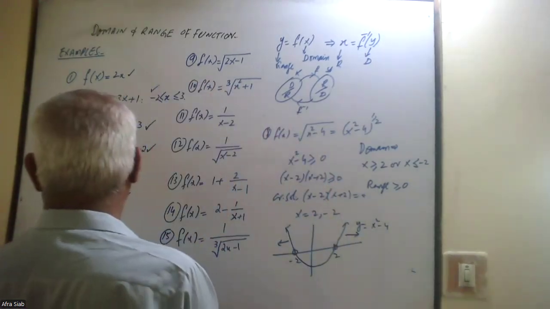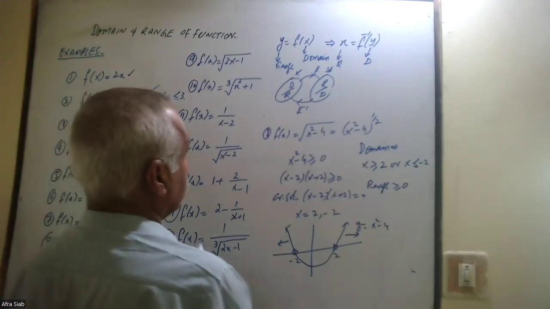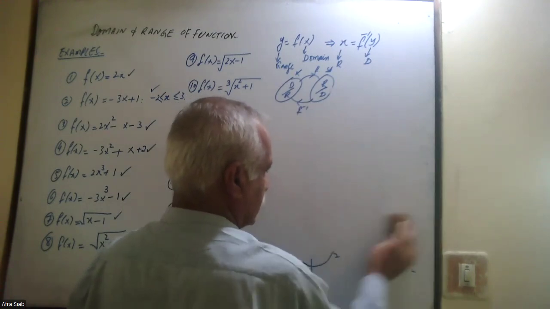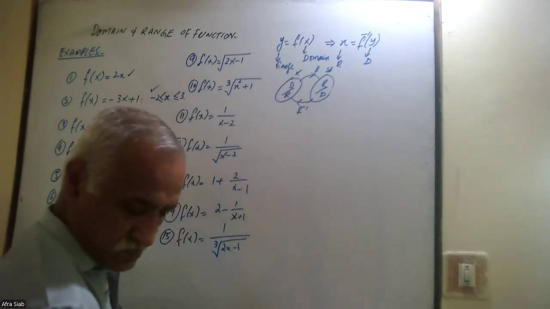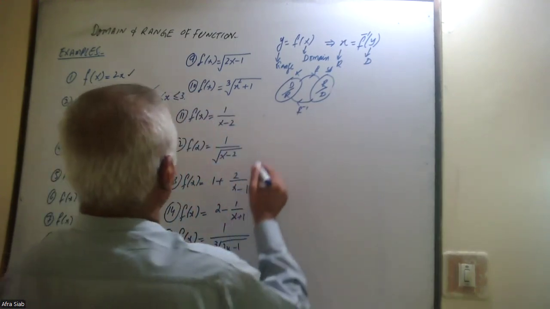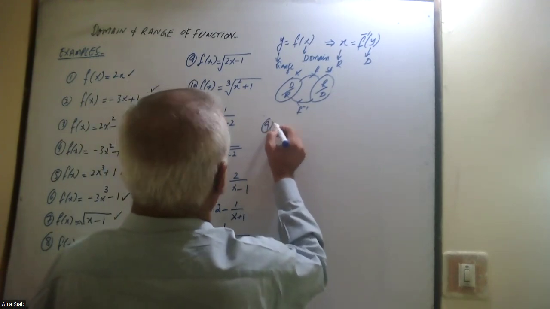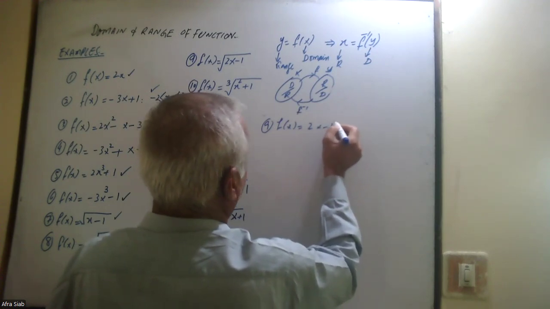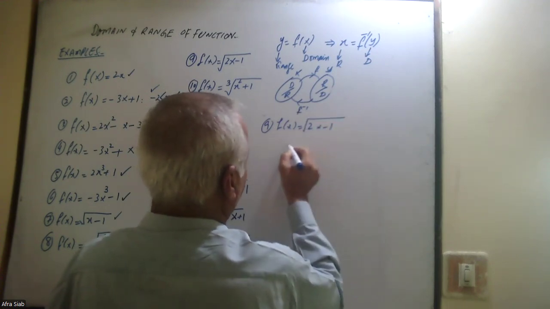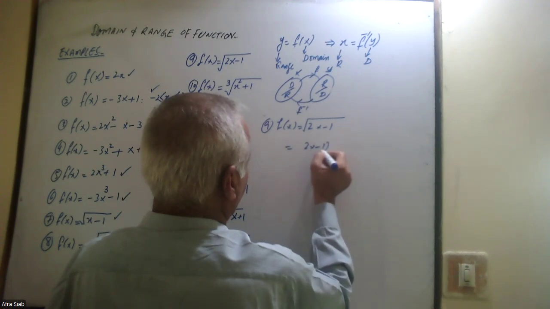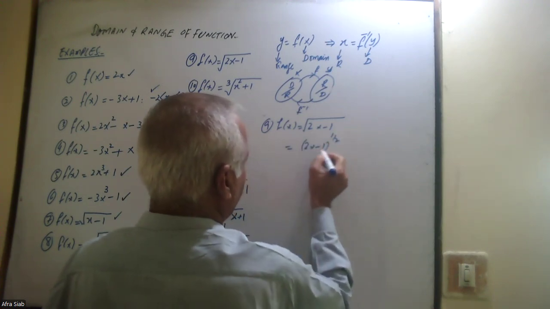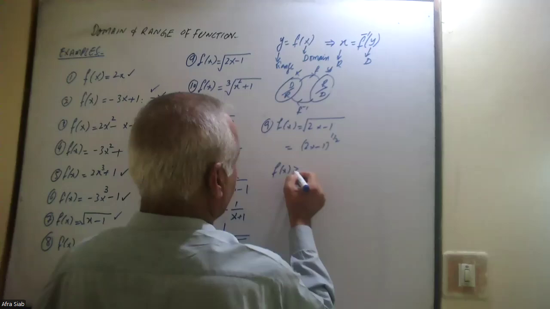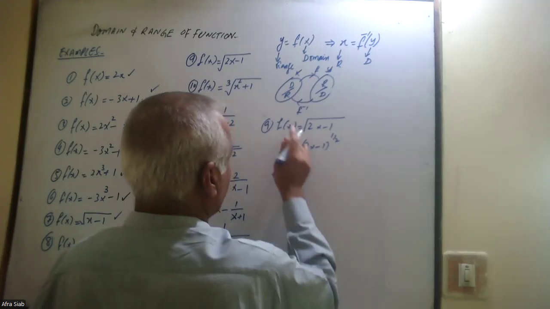Well, question number 9. F of x is equal to the square root of 2x minus 1, which you can write as (2x minus 1) power half. So you know that this should be greater than or equal to 0.